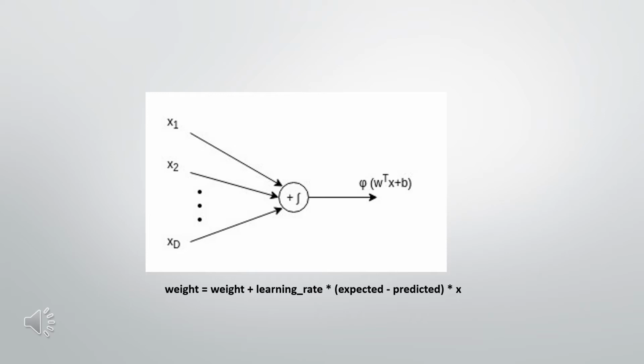So weight is equal to weight plus learning rate into expected minus predicted, multiplied by x. So this is just overall the formula of the neural network output, or we can say this is the calculation of the weight. This is another approach by which we can represent our perceptron function. So the plus f just represents the perceptron part.